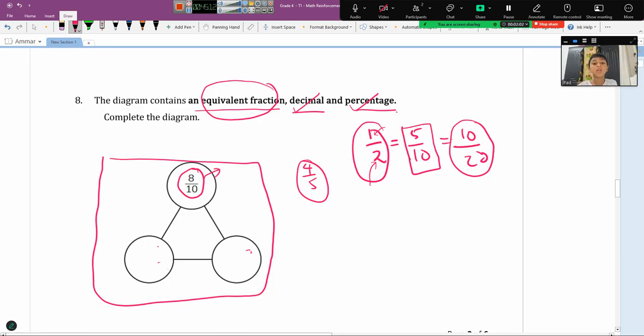Okay. So the diagram contains an equivalent fraction, decimal and percentage. Can you try to convert this fraction to decimal and percentage?